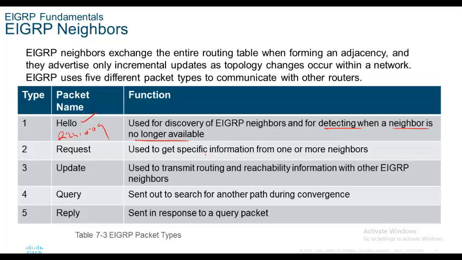It uses an algorithm called the diffusing update algorithm, which is responsible for picking the best path and also a backup path, which is loop free. EIGRP works in groups. We call it an autonomous system. Autonomous system is nothing but a routing domain. Routes from one routing domain will not be given to another routing domain. If you wish to do that, you can redistribute, which we'll see later.